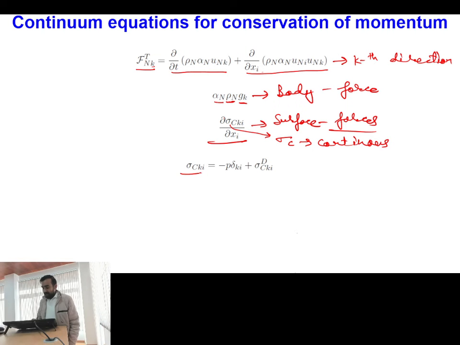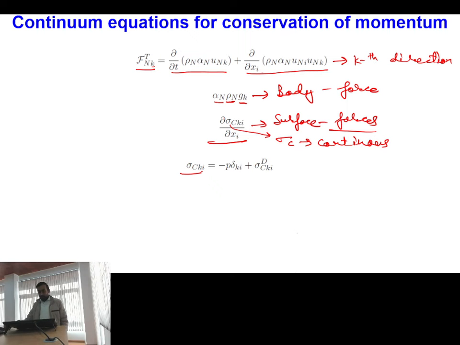Then this sigma ki, typically as we do in fluid mechanics, in our stress tensor there is a contribution of two things. One is because of the normal pressure, okay, and the second contribution comes because of the viscous effects, and particularly the contribution which is coming because of the viscous effect is called deviatoric stress.